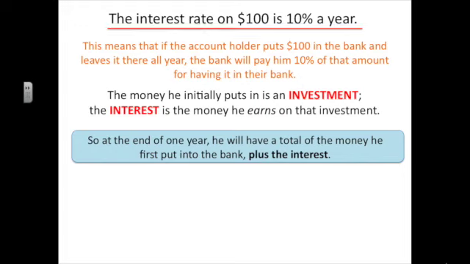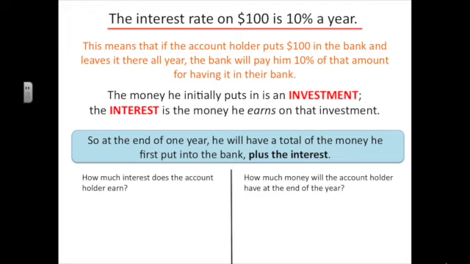Now let's take a look at this problem. The interest rate on $100 is 10% a year, and let's respond to two questions. We're first going to answer the question on the left. How much interest does the account holder earn? Well, the interest is 10%, and it's 10% of the initial investment, which is $100.